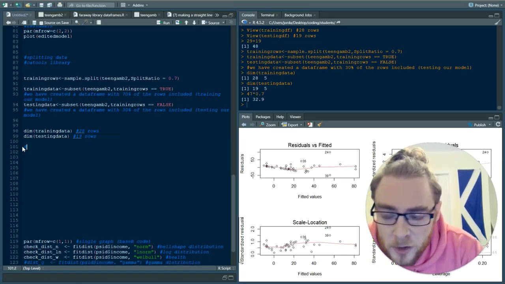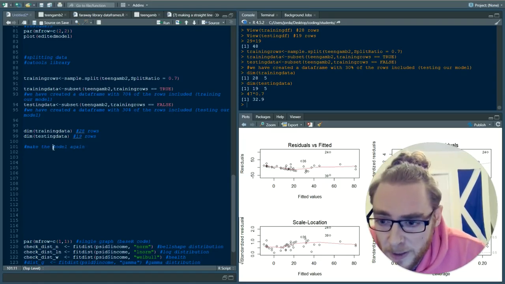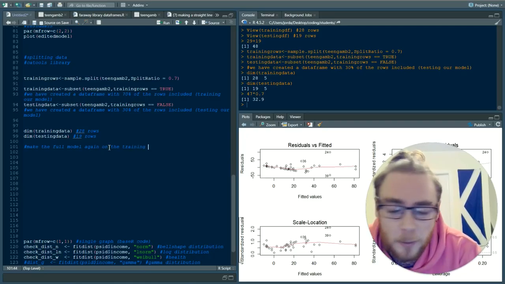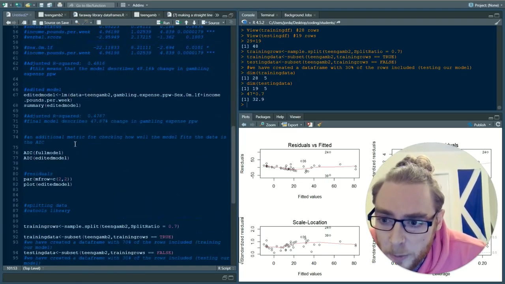So let's just then make the model again. Let's make the full model again on only the training data frame, and compare it with the one we made for the full data frame from the full teengamb2.